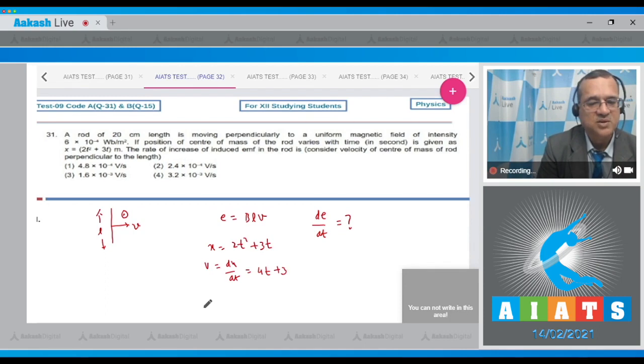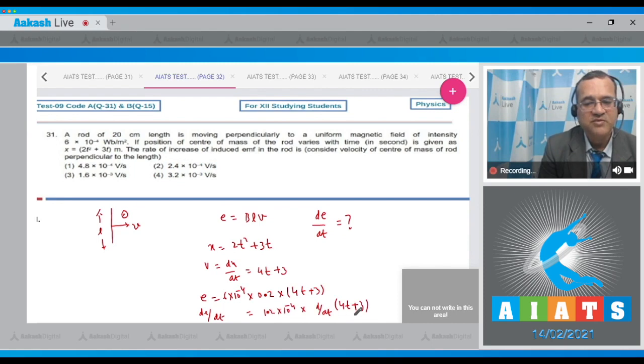Fill in this one. So E = BvL = 6 × 10^-4 × 0.2 × (4t + 3). Now to find the rate, dE/dt, we differentiate: this is 1.2 × 10^-4 × d/dt of (4t + 3).